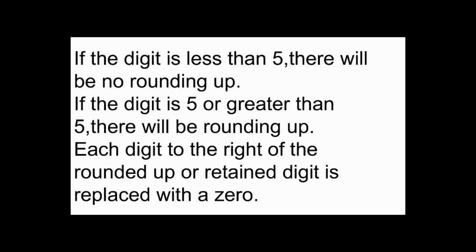If the digit is less than 5, there will be no rounding up. If the digit is 5 or greater than 5, there will be rounding up. Each digit to the right of the rounded up or retained digit is replaced with zeros.